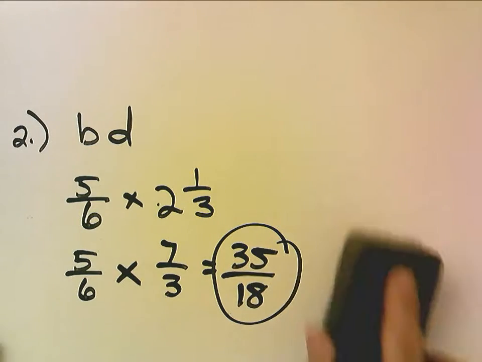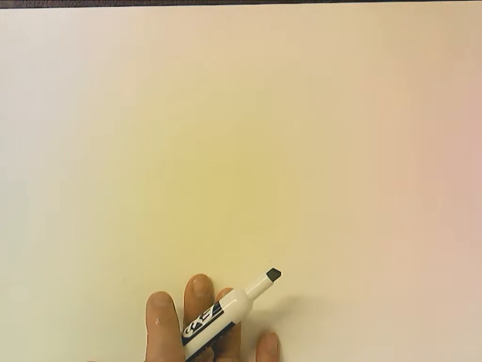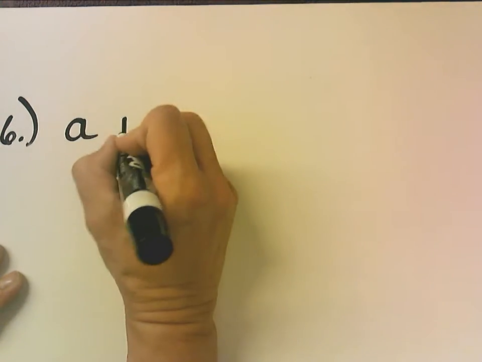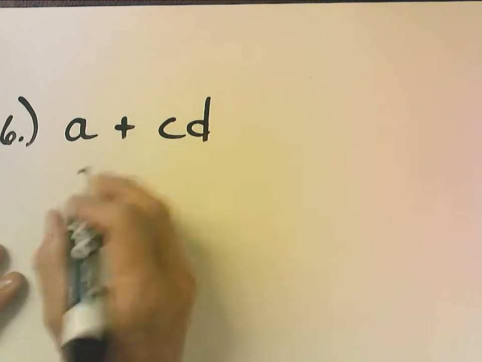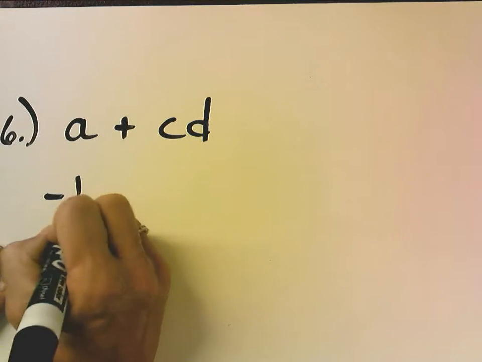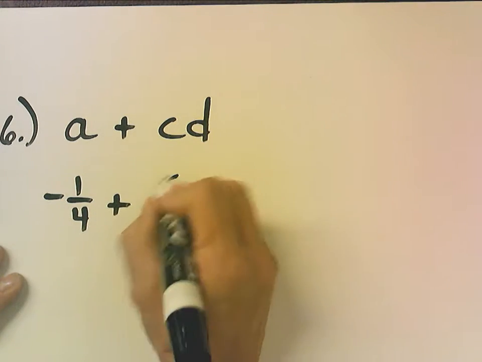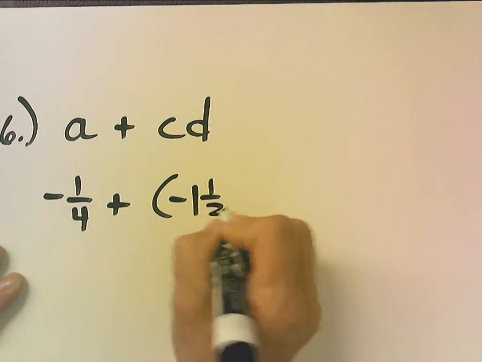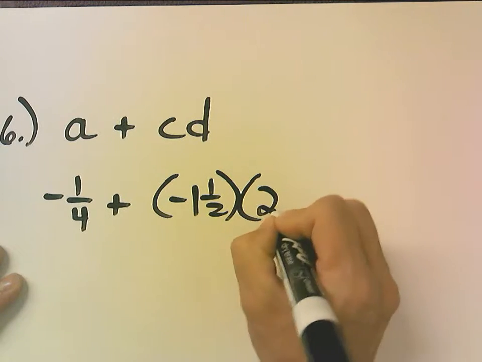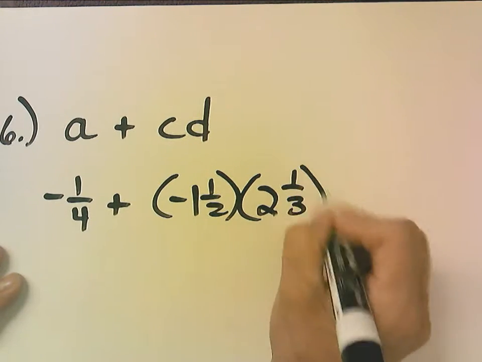Okay? Now, let's do number 6. So 6 is A plus C times D. A is -1/4 plus C -1 1/2 times D 2 1/3.